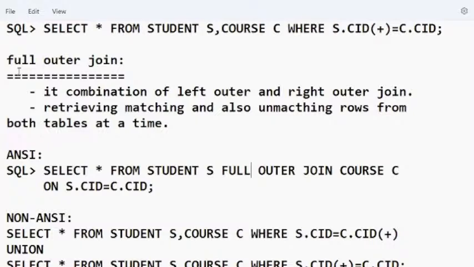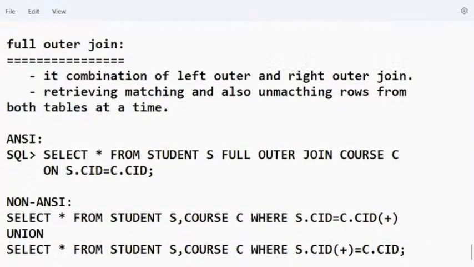Otherwise, don't use outer joins. Understand? Based on your requirement, if you want unmatching rows also, there only outer join techniques can be implemented. Otherwise, no need. Understand? So these are your outer join techniques, and the next one is non-equi join.